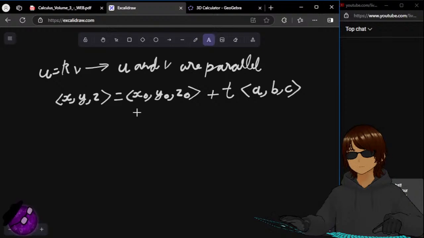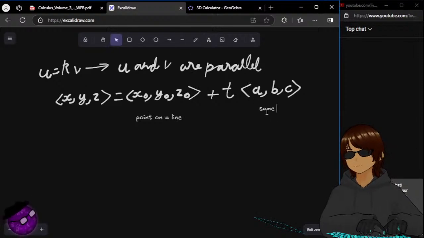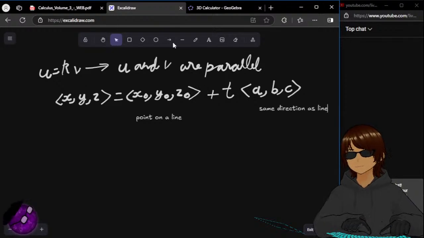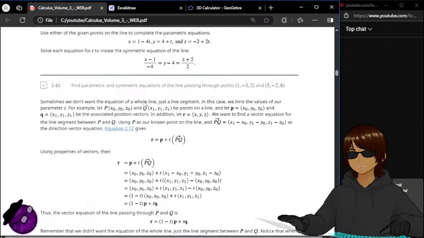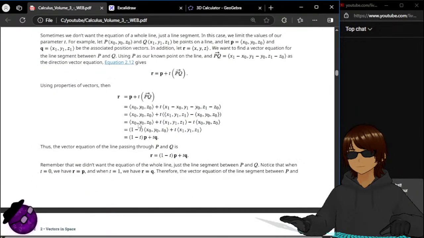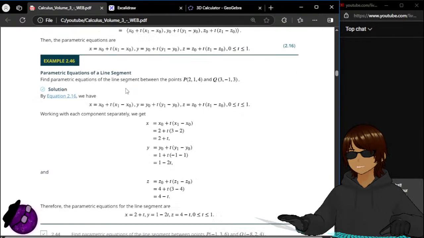So this is a point on a line and then this one is the same direction as the line. And then the next part was, yeah, this is for the line segment.